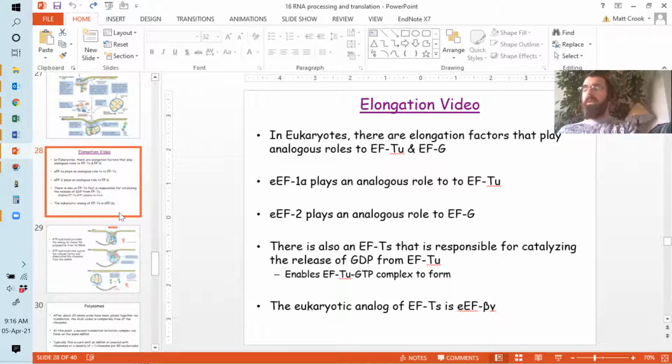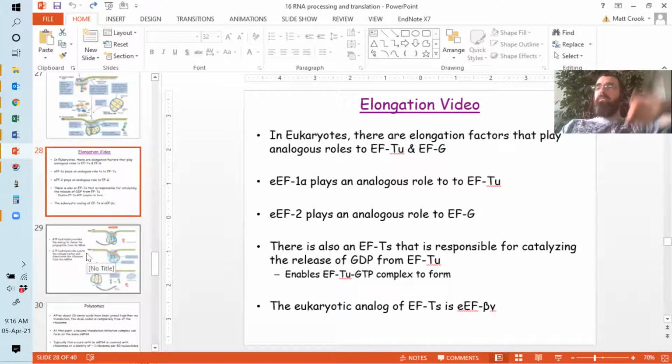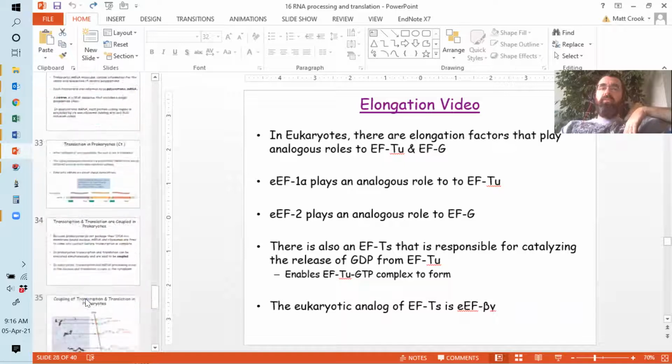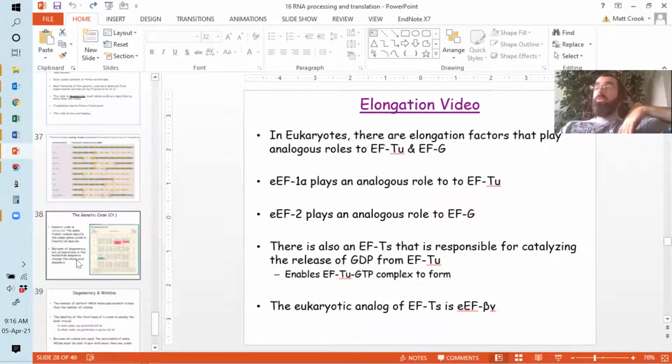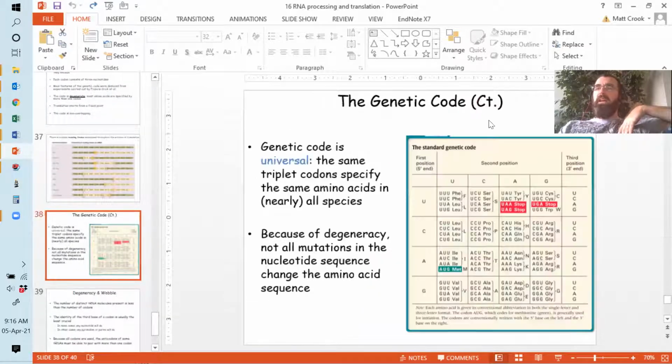Okay, so if no one has any questions, I'll move on to termination. Essentially the deal is here you have 3 potential stop codons. The genetic code is the same both in prokaryotes and eukaryotes. It's a very ancient, evolutionary speaking, deal.